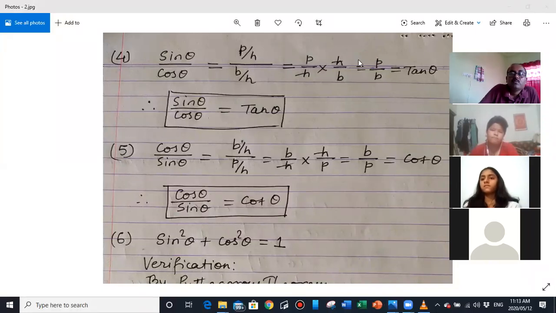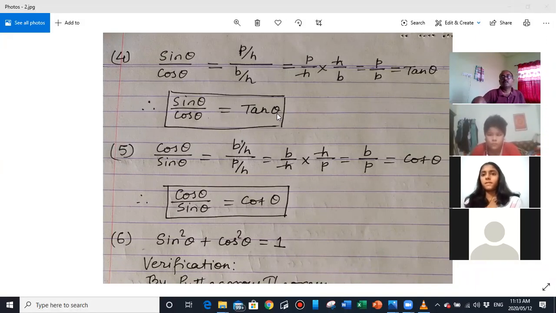It is equal to p by h into h by b. H and h cancelled. What is left? P by b, and p by b, you know, is tan theta. So the conclusion: sin theta by cos theta is equal to tan theta.